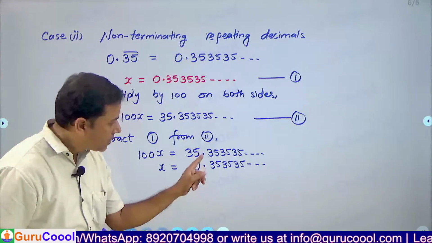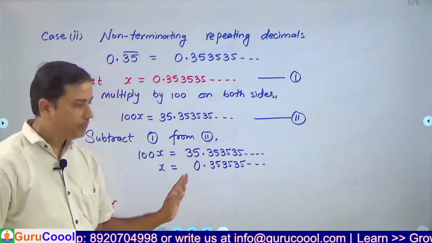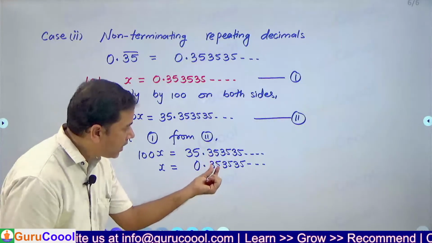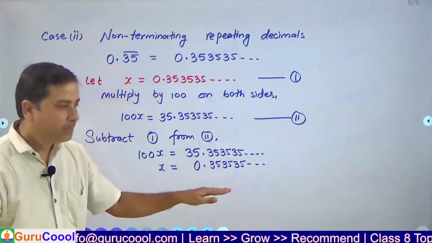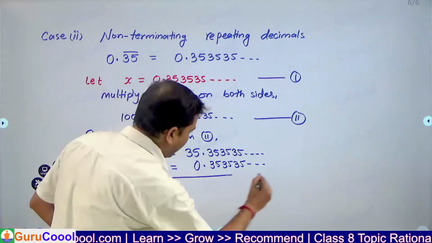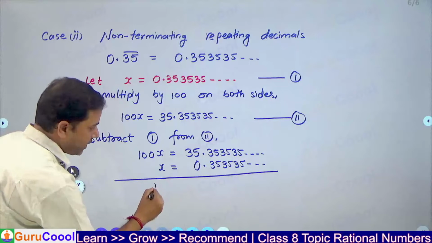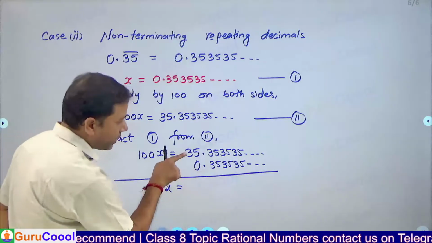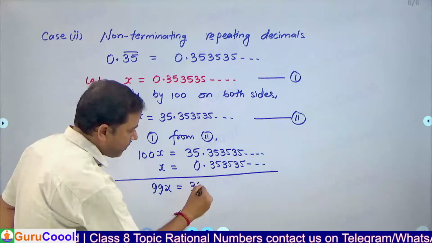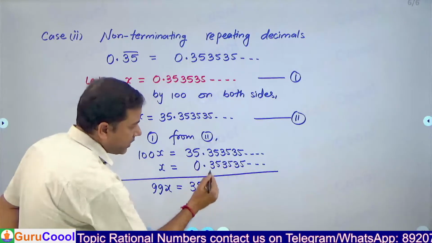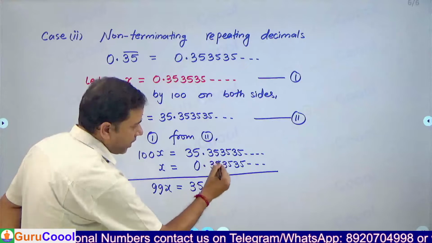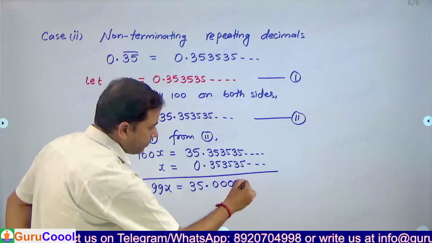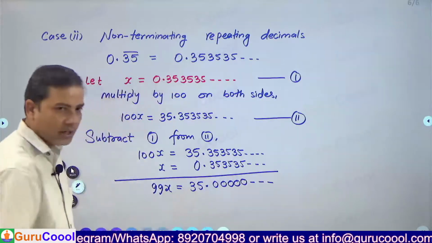You have to put the decimal just below the decimal. Now notice all the digits are exactly the same. If we subtract, on the left side it is 100x minus x, 99x. On the right side 35 minus 0 is 35. And after the decimal we get 3 minus 3, 5 minus 5, and so on. All of them become 0. Just 35.